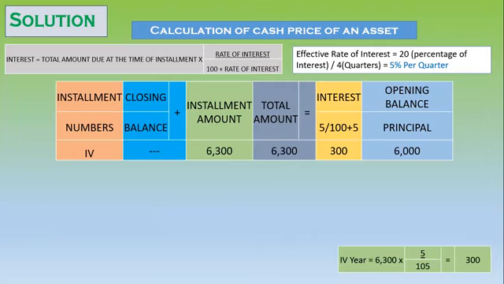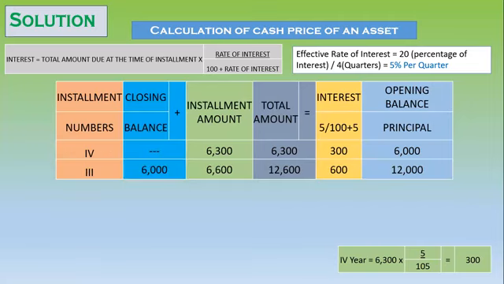So 20 by 4 gives 5%, that is 5 divided by 105. Now we calculate the interest: 6,300 into 5 divided by 105 gives 300 rupees as interest. For the principal value, 6,300 minus 300 gives 6,000 as the opening balance, and this 6,000 will be the closing balance of the third quarter.